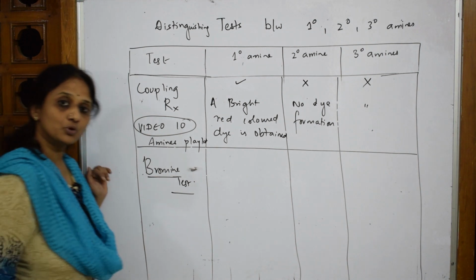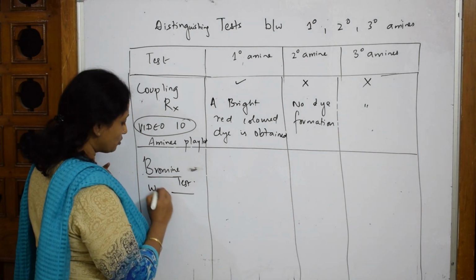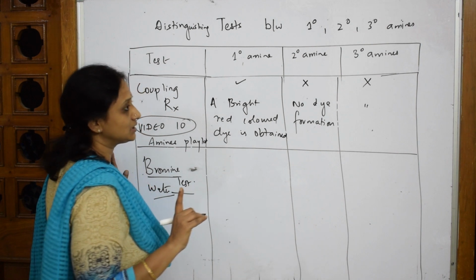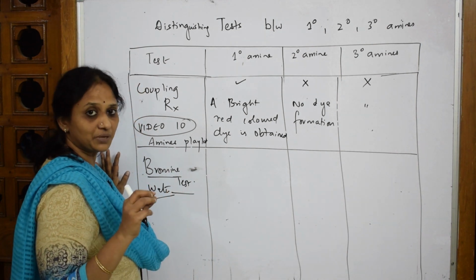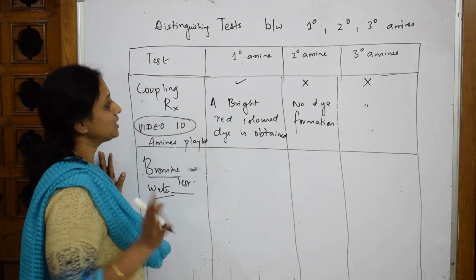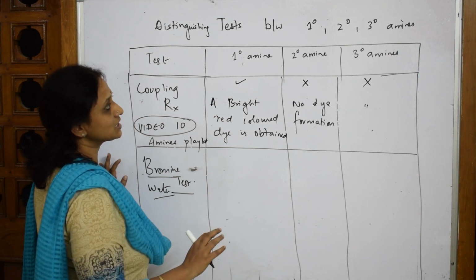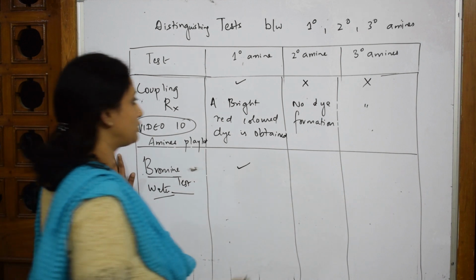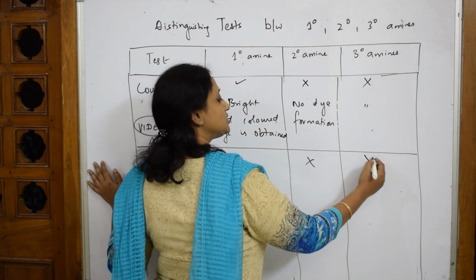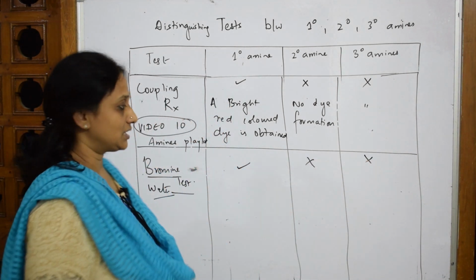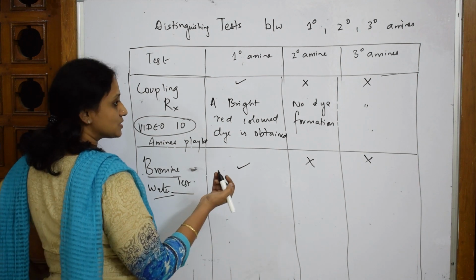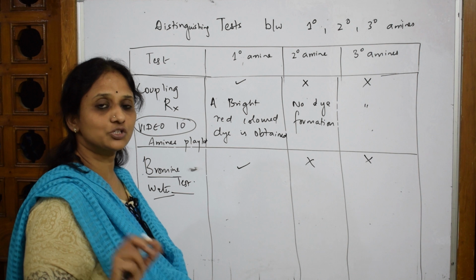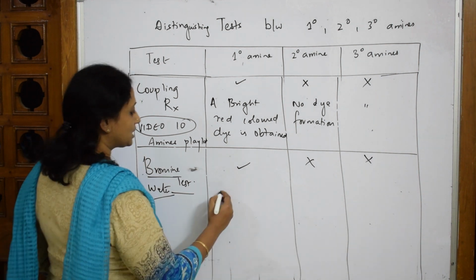Here I have to take the bromine test, also called the bromine water test. So primary aromatic amines, if I have to speak, are going to show the characteristic test of bromine water. Secondary amines and tertiary amines will not show it. Done. So what is formed here? Suppose I take a primary aromatic amine, let me show you the reaction.